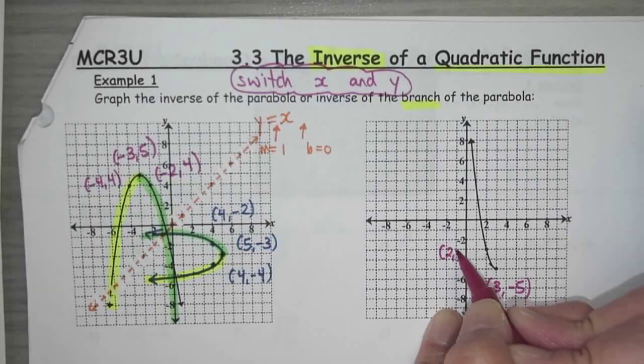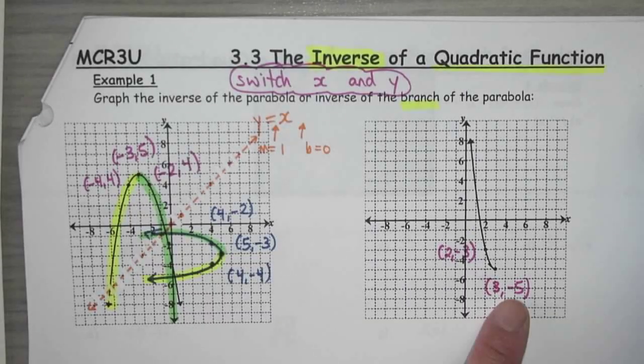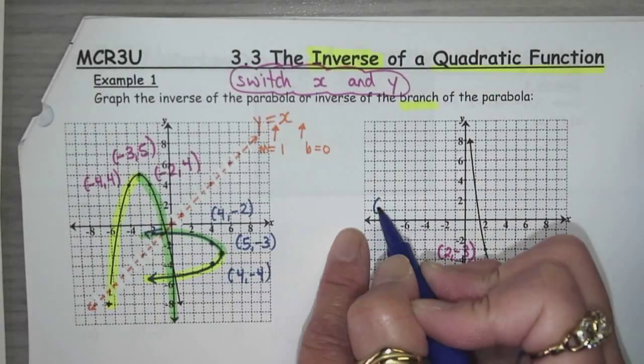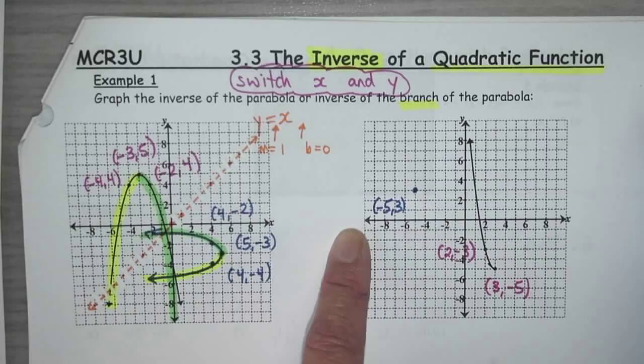Is that right? So 2, negative 3. Okay, let's switch those points. So it'll be negative 5, 3. So negative 5, 3 here. That's my vertex. Okay, that's the vertex of the new one.